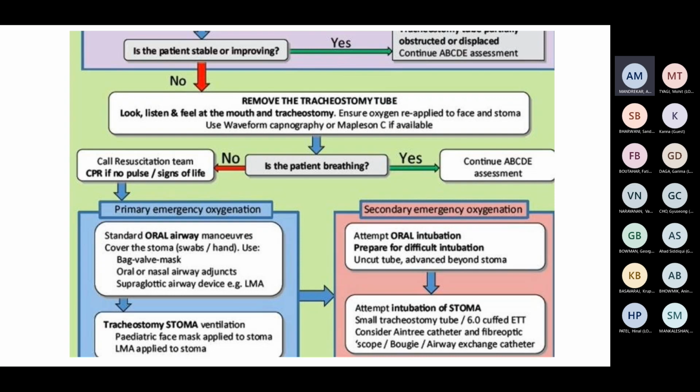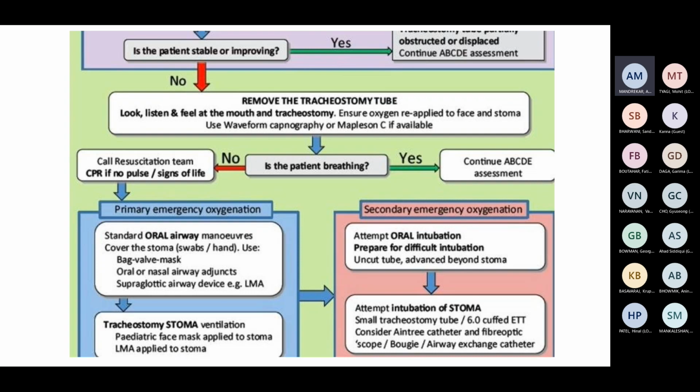Basically, when we do oral airway maneuvers, we cover the stoma with a hand or swab, and then we can use things like a bag valve mask, oral and nasal adjuncts, or an LMA. If we want to approach the stoma, we can use the pediatric face mask or the laryngeal mask airway. Of course, if this doesn't work, then we would go to secondary emergency oxygenation, and this includes oral intubation.